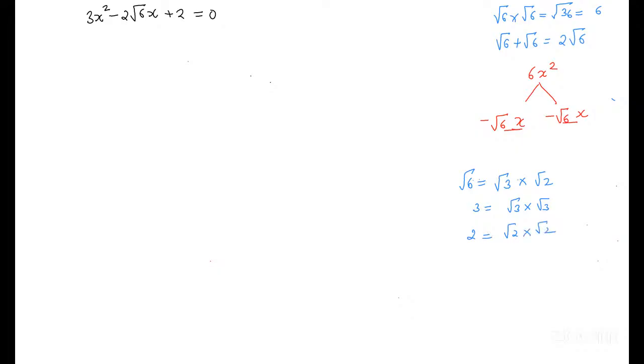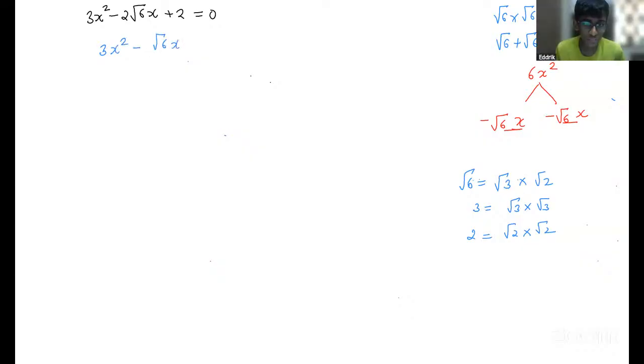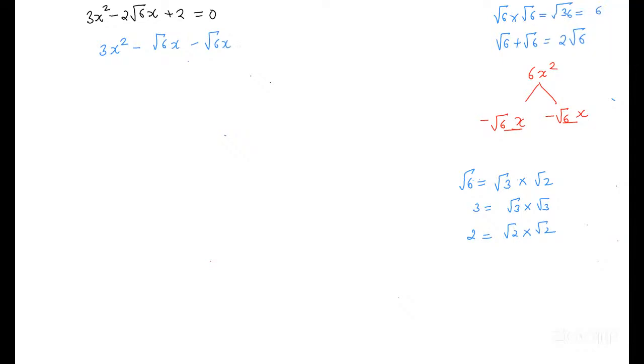Now how will we solve this? I got the factors, so I'll write the equation: 3x square minus root 6x minus root 6x plus 2 is equal to 0. I told you that 3 can be written as root 3 multiplied by root 3, and root 6 can be written as root 3 multiplied by root 2.